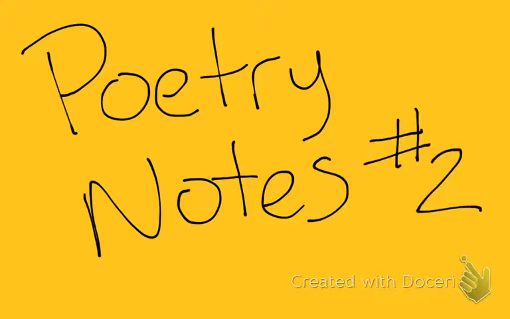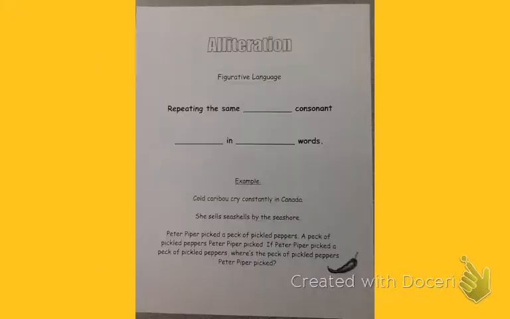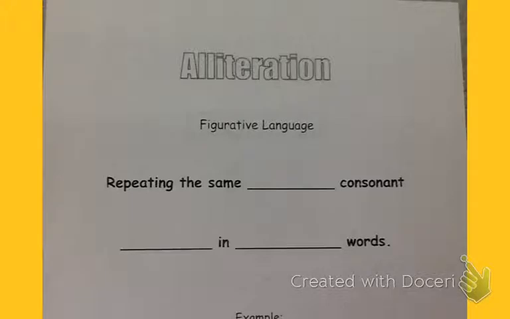This section of our notes is going to cover all of the figurative language pages in our poetry booklet, starting with the alliteration page. Alliteration is a figurative language technique, which means, again, you do not have to take it literally. It is something that makes our writing more exciting and more fun to read, but it doesn't always mean exactly what it says.